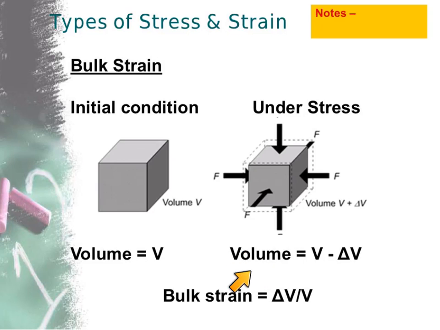Now, there's going to be a volume change, giving V minus delta V. So, when we go to calculate bulk strain of an object, we take the change in volume divided by its original volume, just like we would take change in length divided by original length for any of the other types of strain.